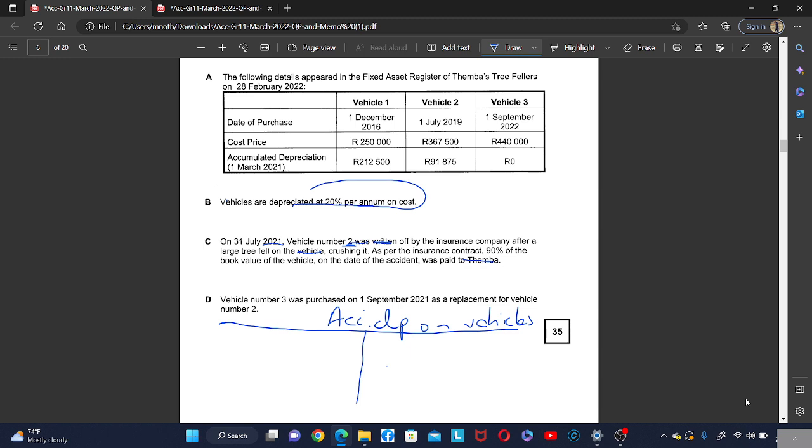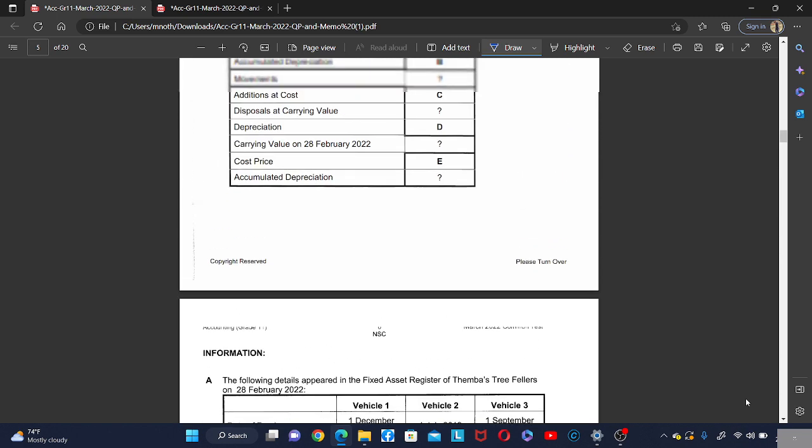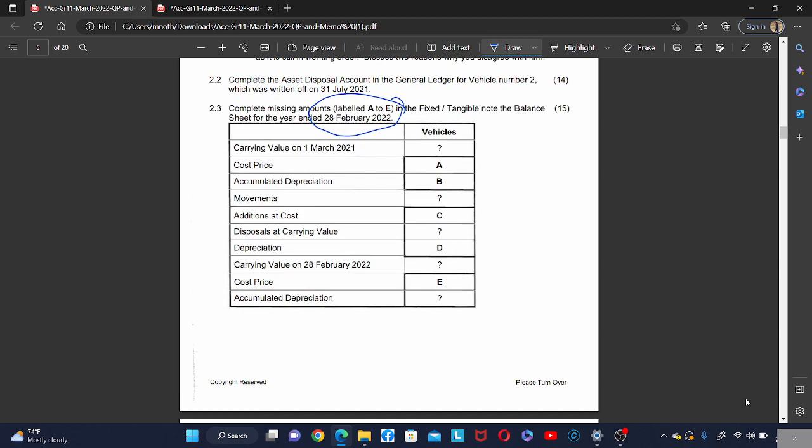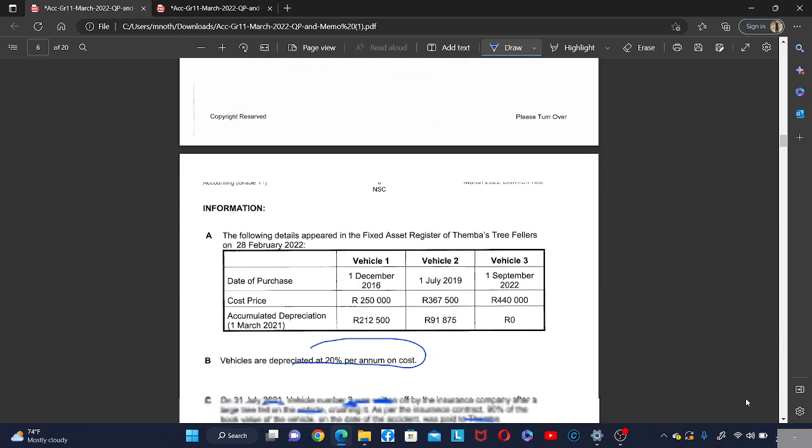Let's just look at vehicle number 2. Our year starts on 1 March 2021. We are saying it starts on 1 March 2021 because it ends on 28 February 2022.